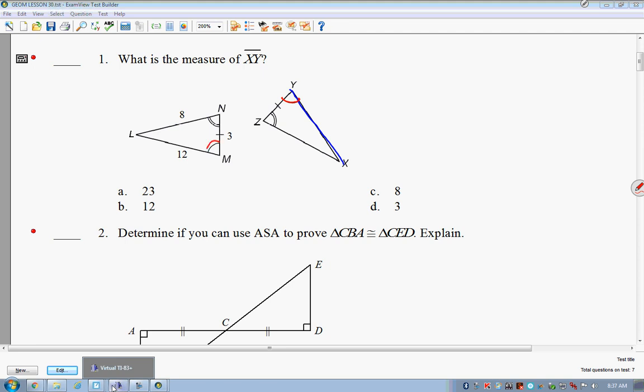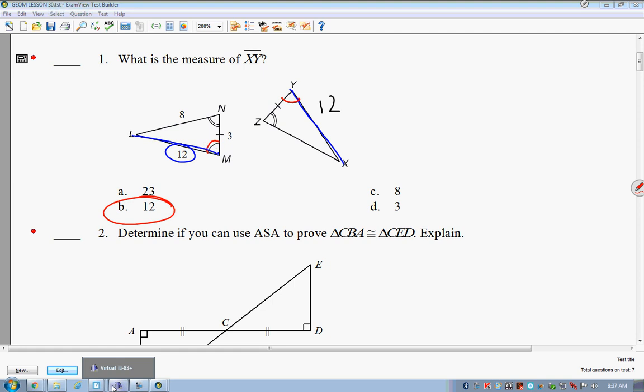Angle Y corresponds to angle M. So what does side XY correspond to on triangle LMN? ML. Okay? So if these two triangles are congruent and ML is 12, then what is XY going to be? It's going to be 12.